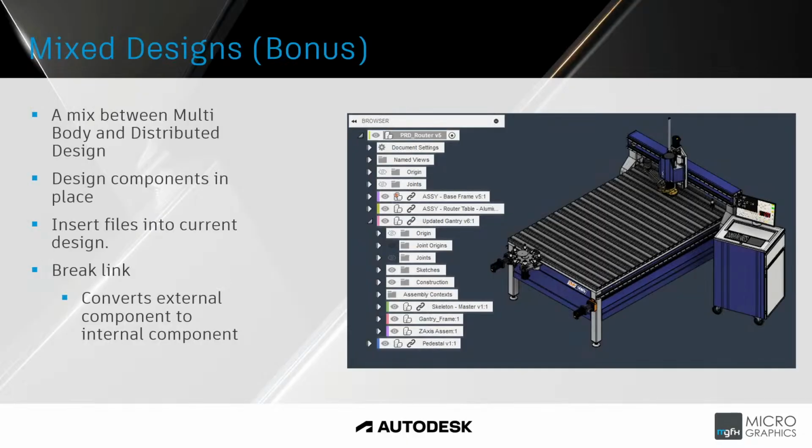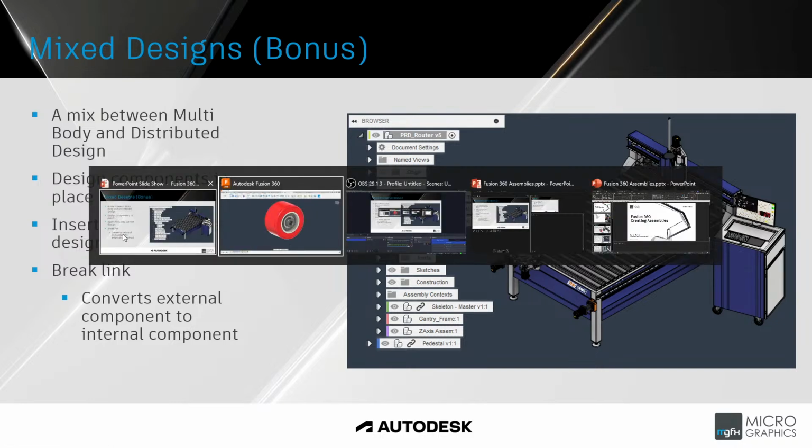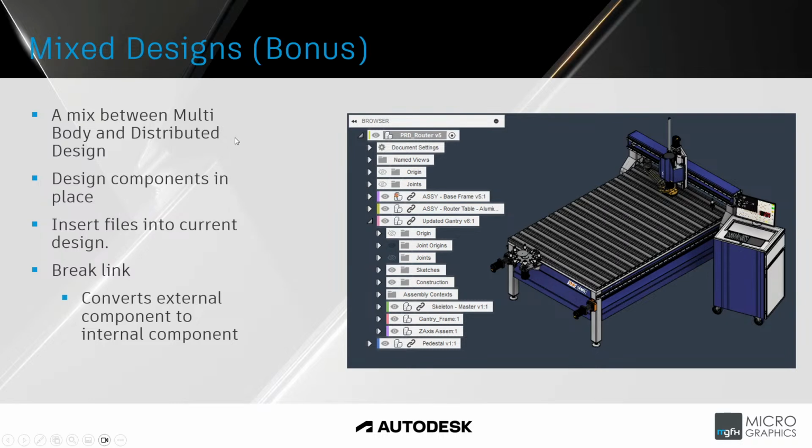Let me just quickly jump now to the last slide before our summary, which is a bit of a bonus, mixed design. Now I've got two examples, two data set examples here that we'll go through, but essentially a mixed design allows you to work mixed between multi-body and distributed design.